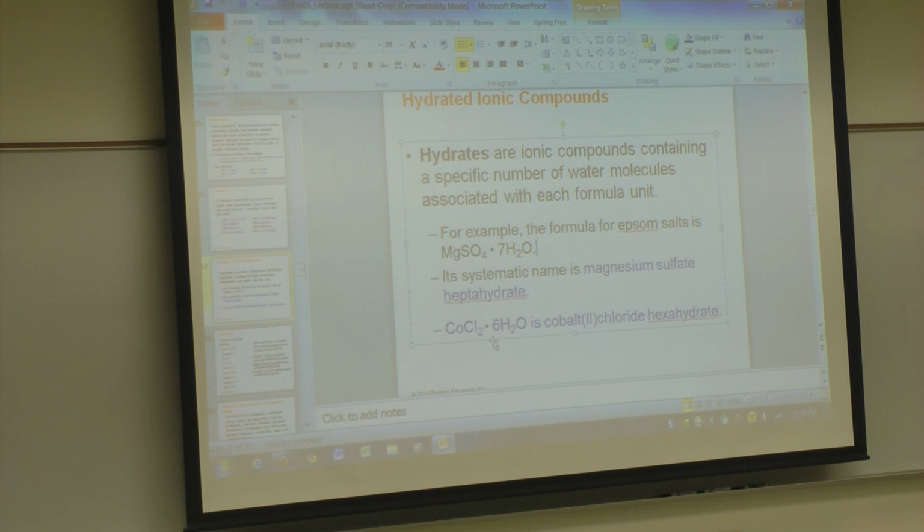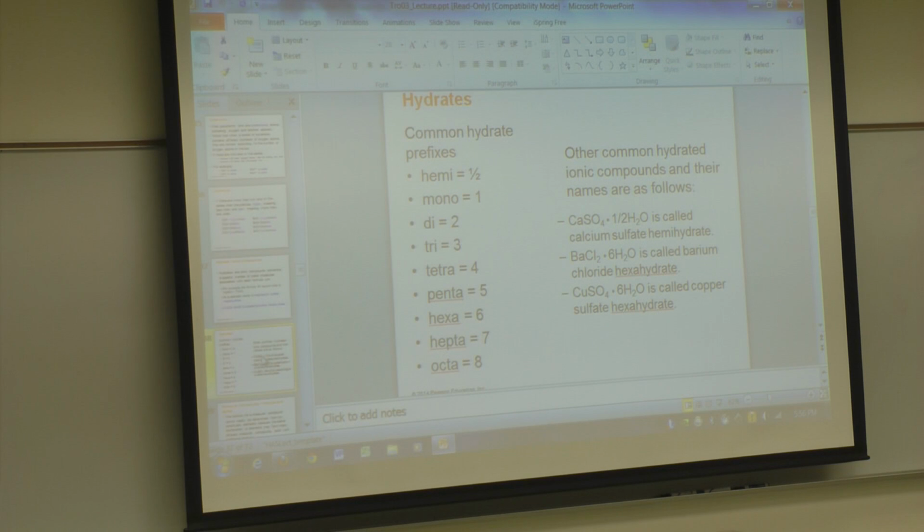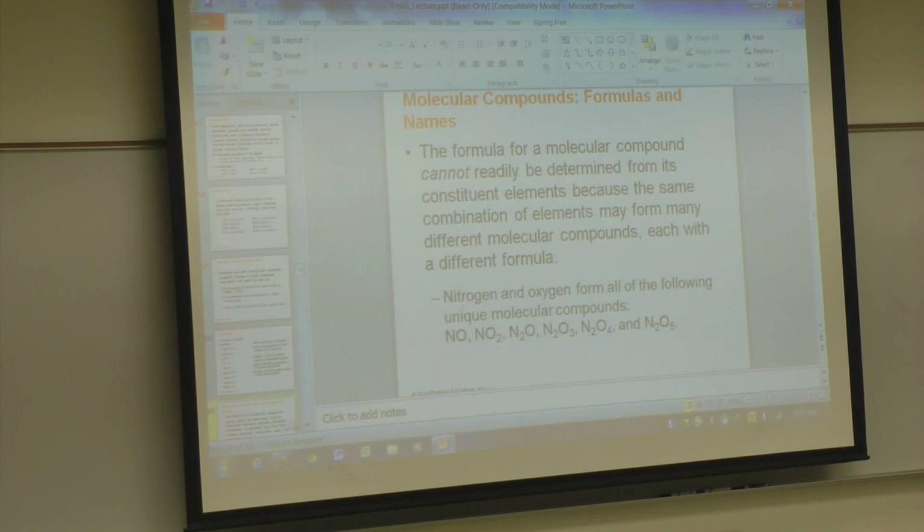Or if we have CoCl2·6H2O, we have cobalt(II) chloride hexahydrate. So once again, remember the prefixes we learned in chapter 1: mono for single, di for 2, tri for 3, and all the way down to octa for 8.